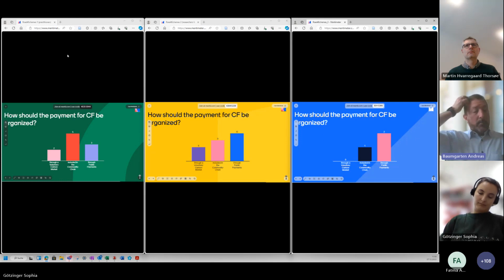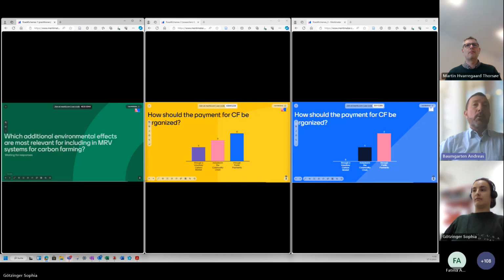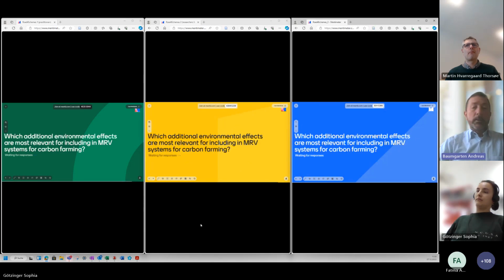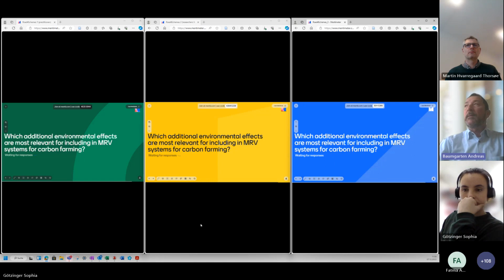Okay, so we are nearly through. There is still one more word cloud question I would like to raise. We have been talking about the reporting and MRV systems, and also about additionality and additional ecosystem services that should or could be included in carbon farming systems.